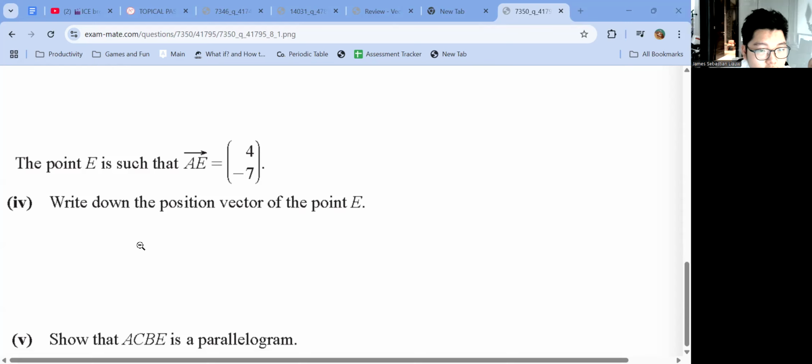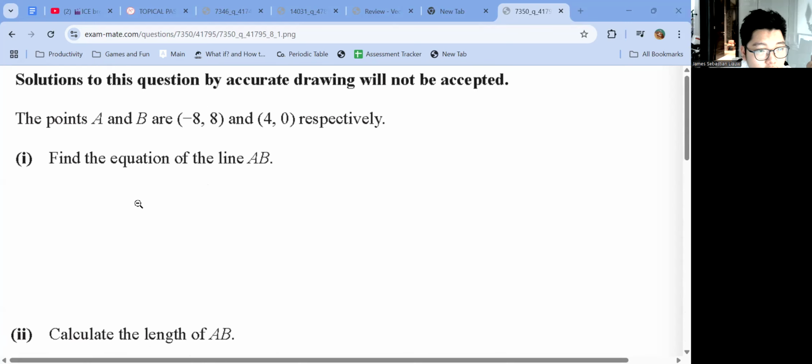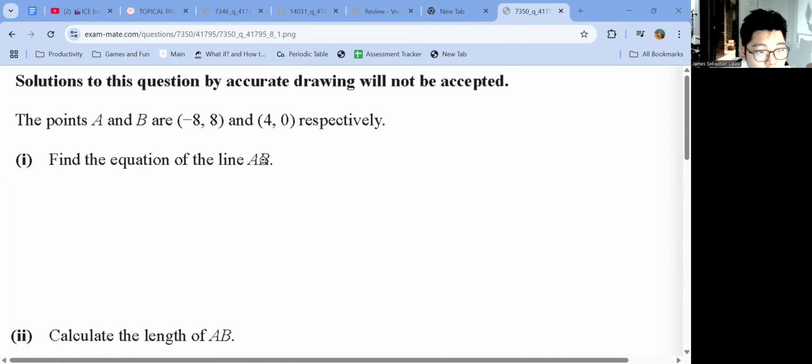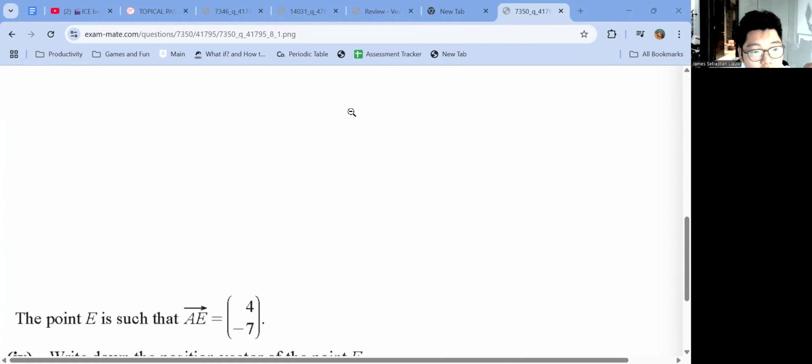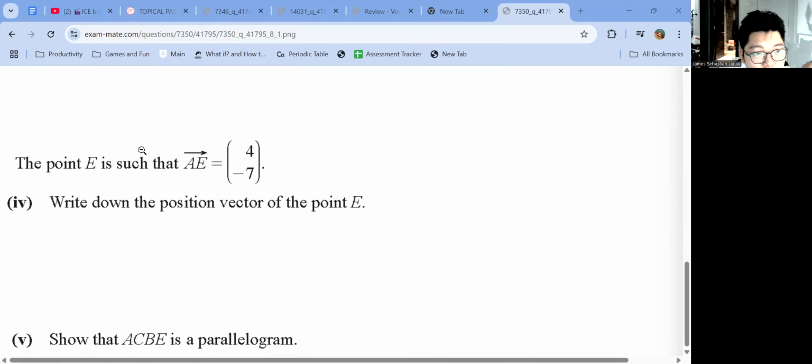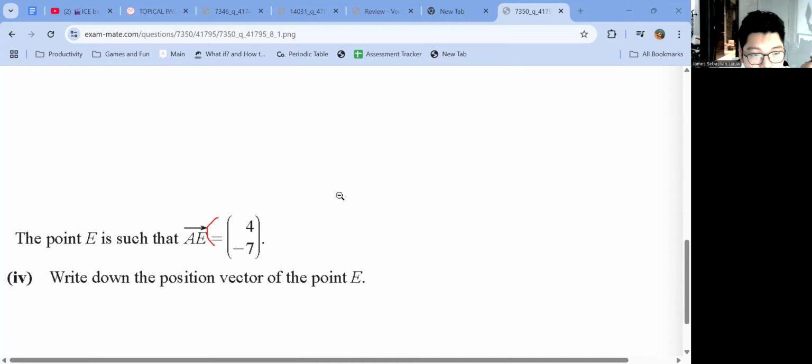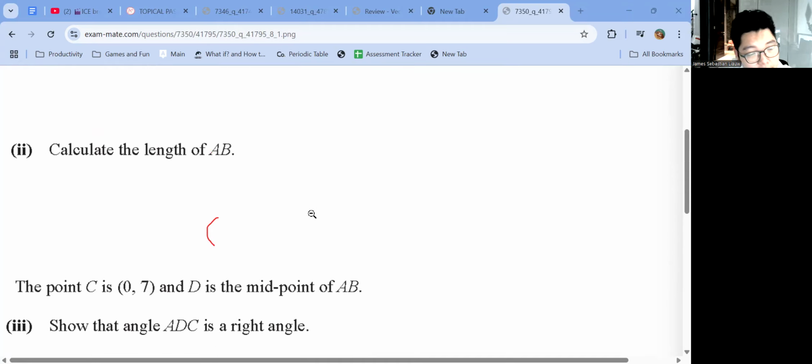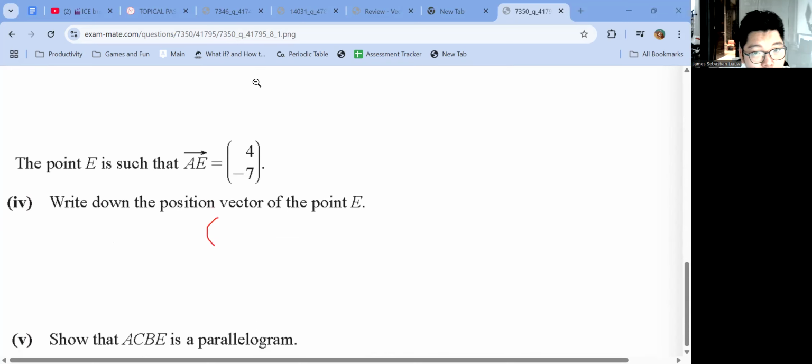So I'm just going to discuss part 4 here. The whole idea is we know that A is (-8, 8). Again, you can just think of this as a translation.